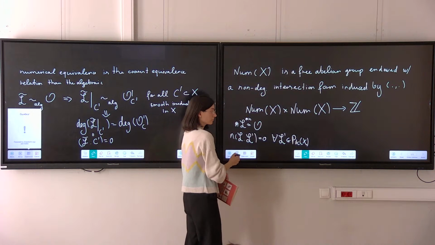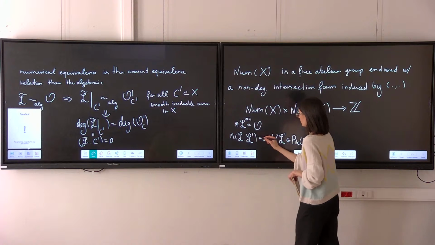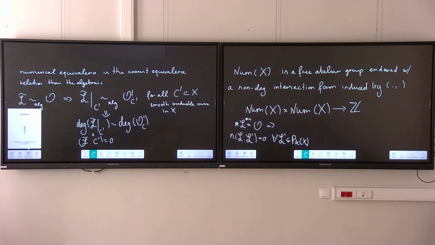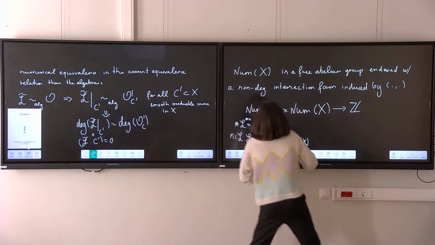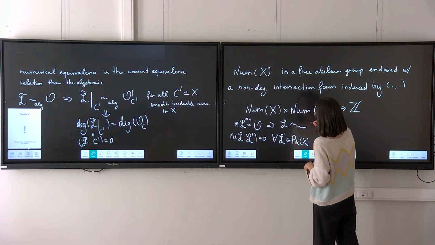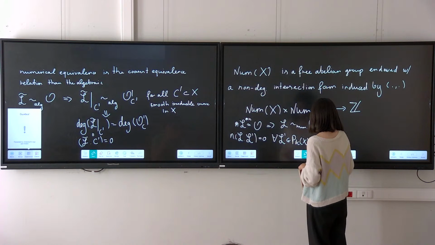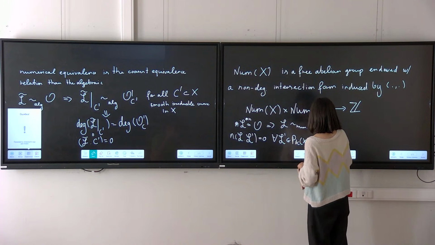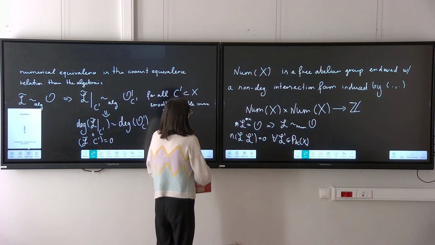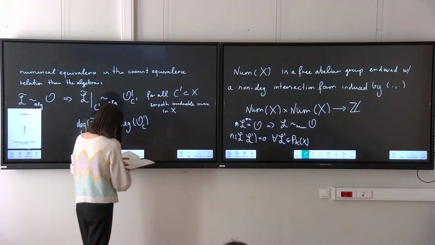And this means that we have a free abelian group with a non-degenerate intersection form.